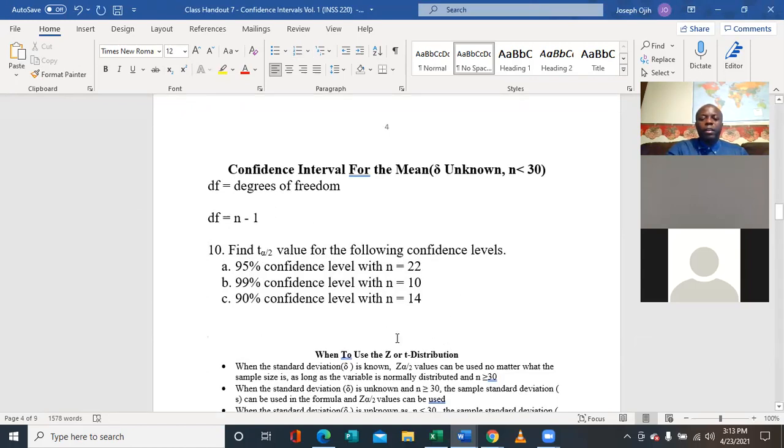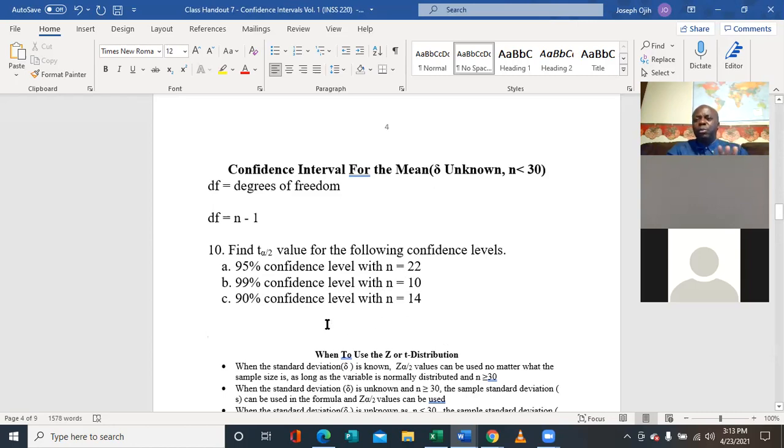Part A says 95% confidence level with n equals 22. Part B says 99% confidence level with n equals 10. And C says 90% confidence level with n equals 14.